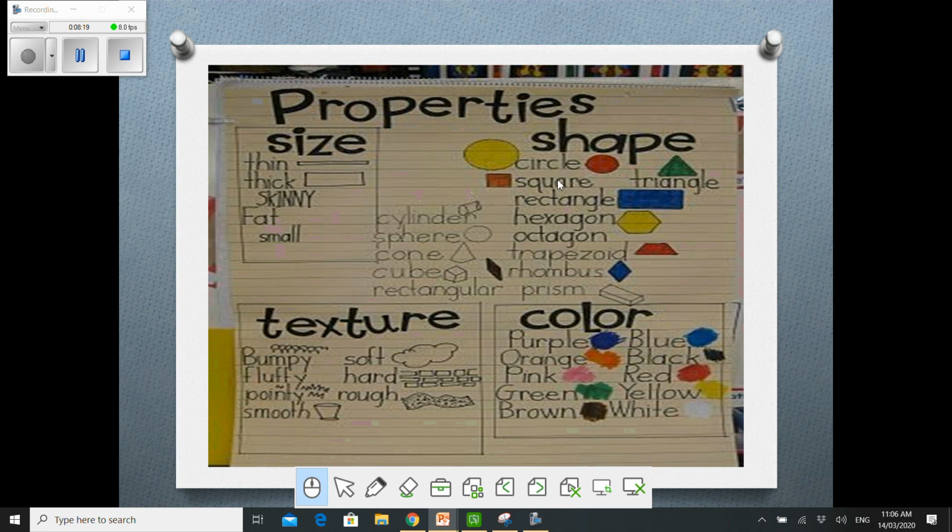The shape, maybe circle, triangle, square, rectangle, hexagon. The texture, maybe bumpy, fluffy, soft, or hard.